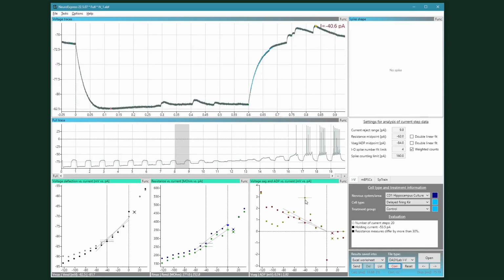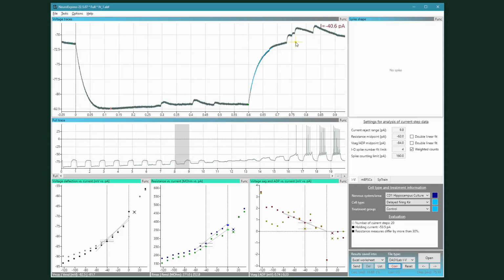Let's see another example. This after depolarization value here seems to be way off. What is the reason? Well, it seems like when the membrane potential decays after the negative current step, we have a bunch of accumulating EPSPs. And the most positive membrane potential, so the overshoot, is indicated by this yellow symbol. I can grab that and move it somewhere here.